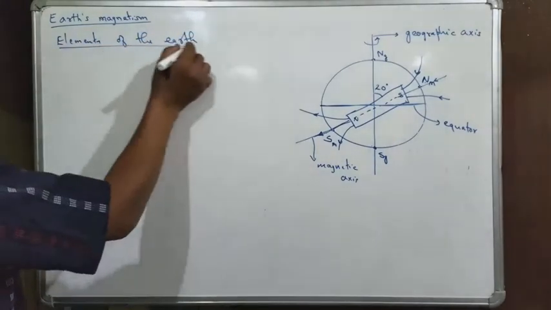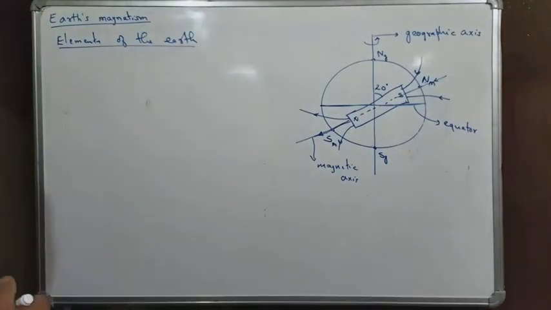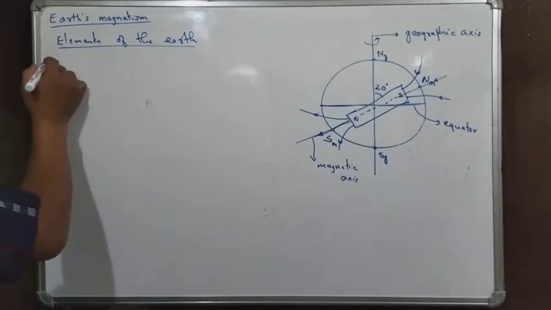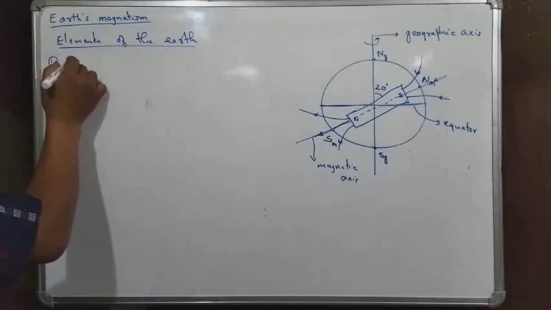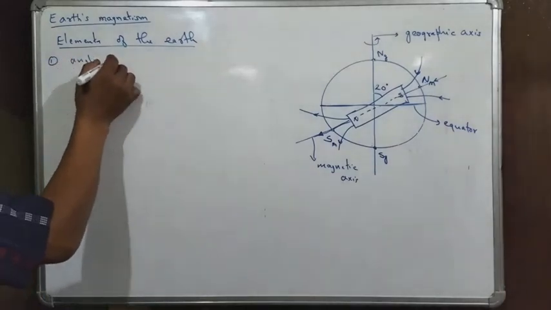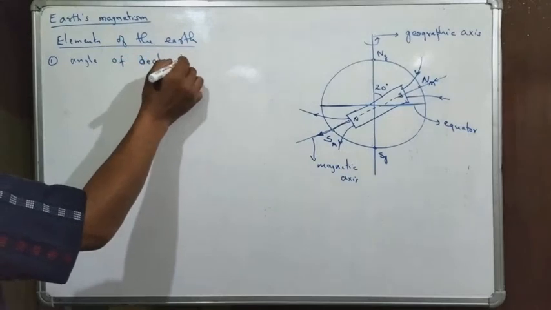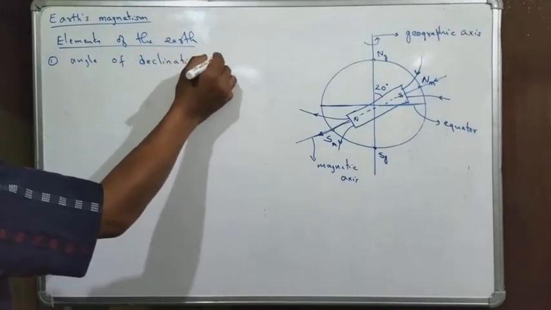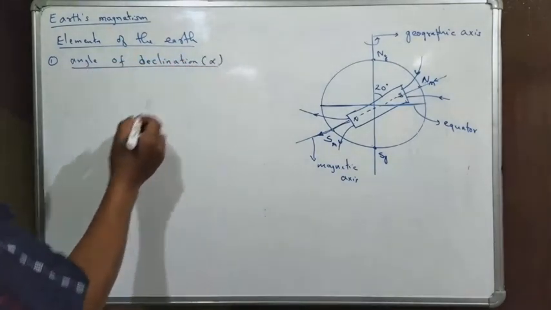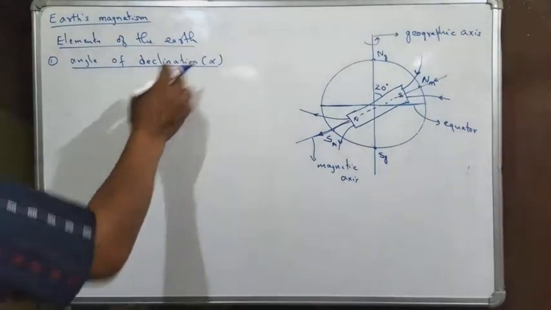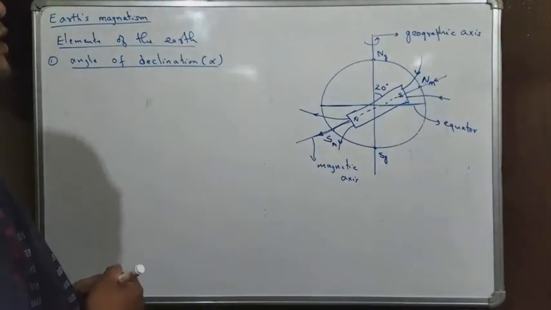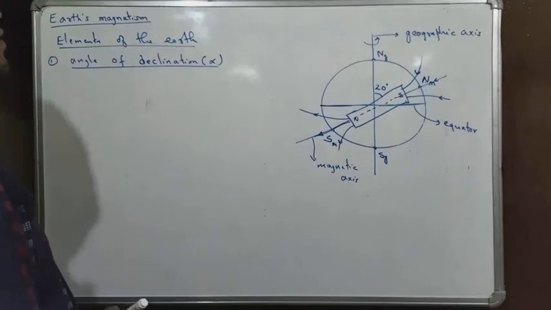Let us see what these elements of the earth are. The first is the angle of declination, which is denoted by the symbol alpha. So what is the angle of declination?